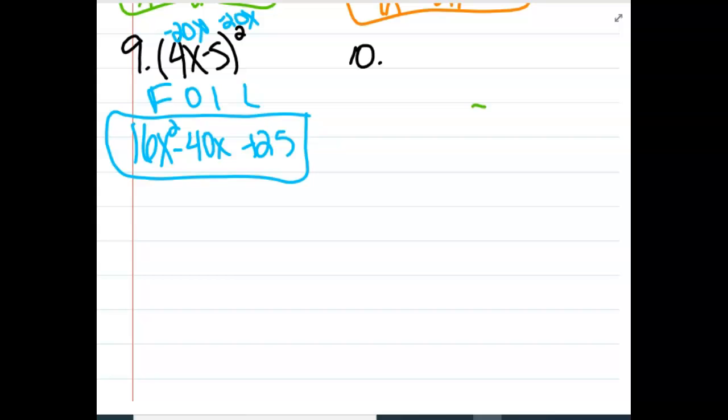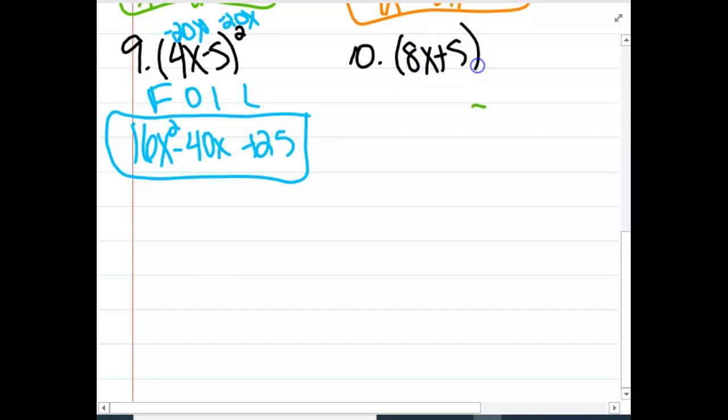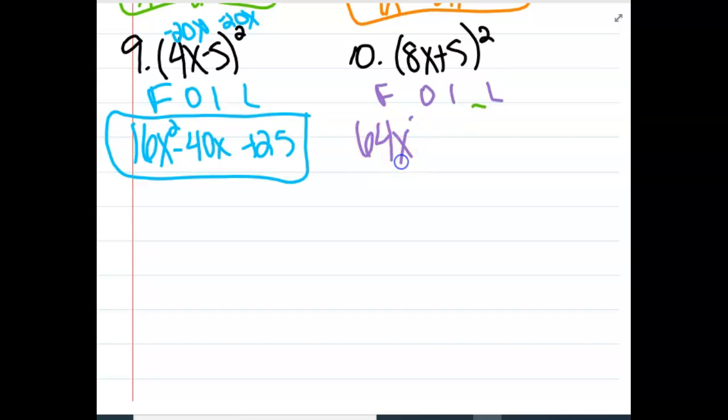Okay, number 10, let's do 8x plus 5 quantity squared. All right, so for the FOIL method, how will I find my F? 8x times 8x is 64x squared.